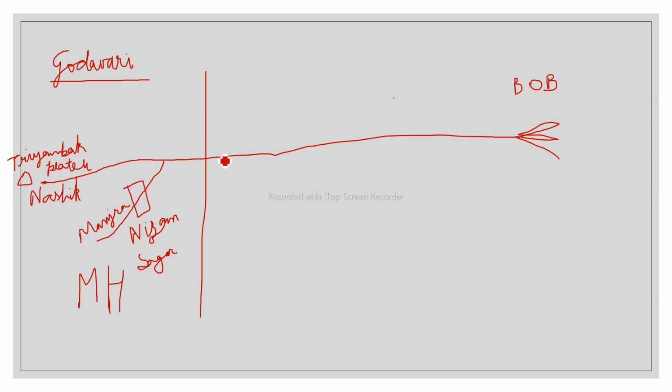Now it is flowing and flowing. Now another river is originating from the area around Odisha, from the Odisha Chitrakoot area. Let me draw it here, like this, and it is going to meet this river, and the river's name is Indravati.